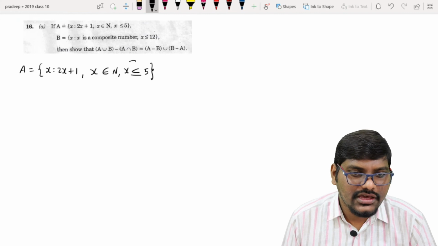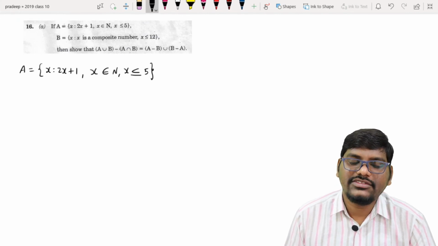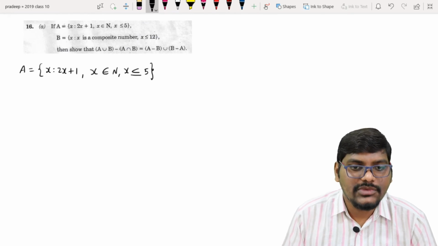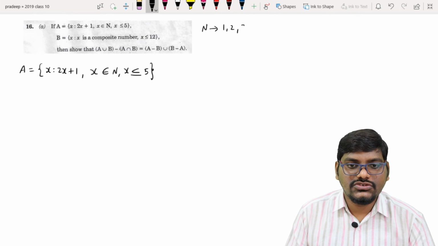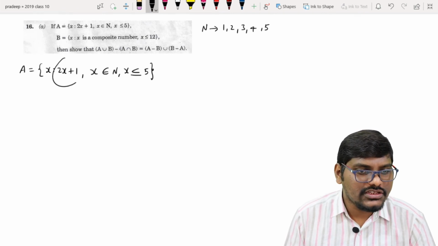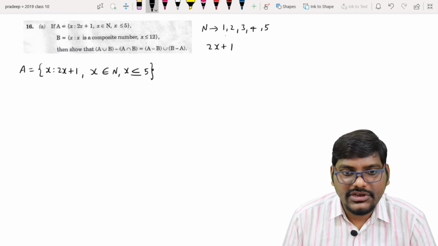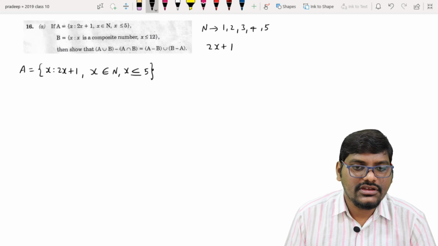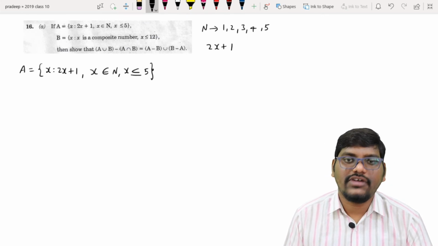Here x is only till 5, so the natural numbers we have to take are 1, 2, 3, 4, 5. We'll substitute these into the condition 2x + 1, and whatever values we get give the set for A.